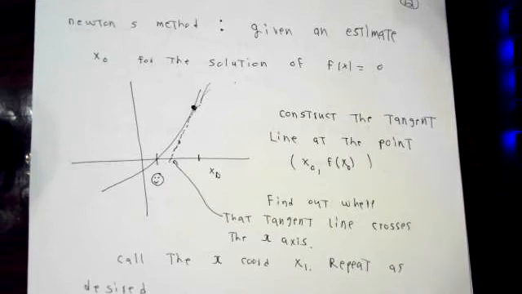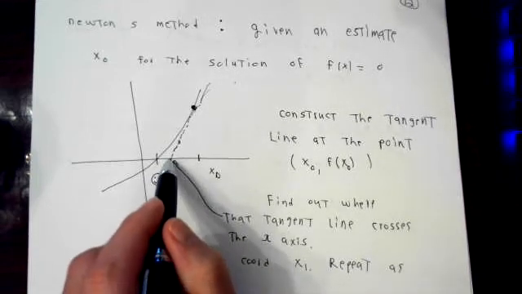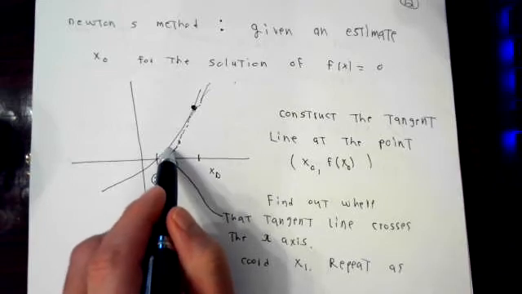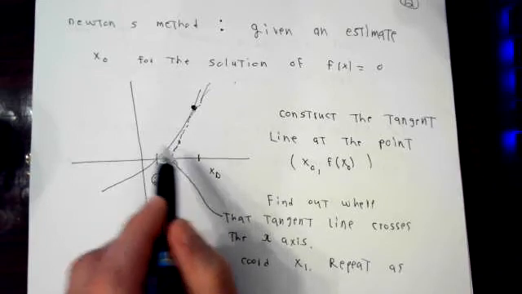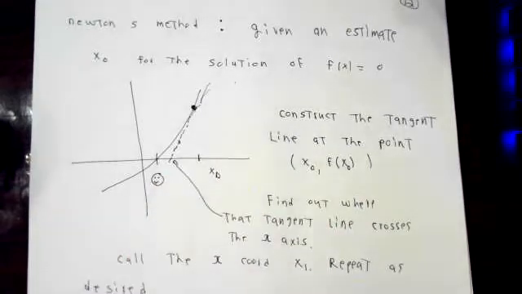If I'm happy with that, I'll stop, and if I'm not, I'll take the new x that I have, find the point on the graph to go with it, construct another tangent line, find out where it cuts across the x-axis, and repeat until I'm happy. Either I'm happy or I see that something funny is happening.